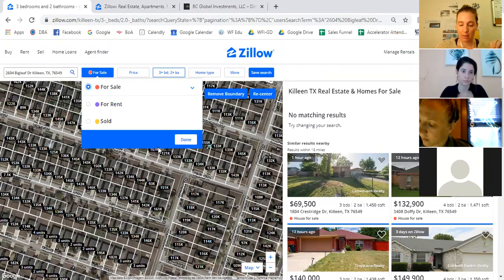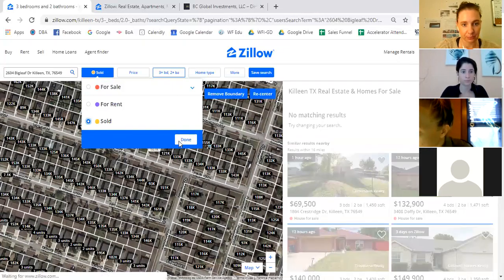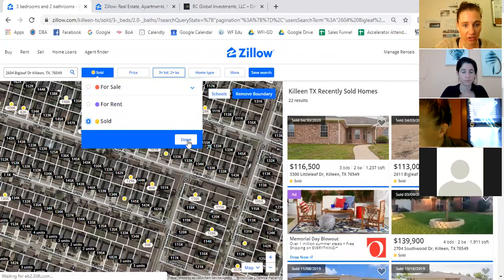A realtor can advise someone to sell their house for $150, and they might insist that it's worth $225. The realtor has to list it at that price legally, but it's probably never going to sell at that price. So when you're running comps and figuring out the value, you have to see what has actually sold or what's under contract. Otherwise, your numbers could be skewed. So we're going to look at just the sold.